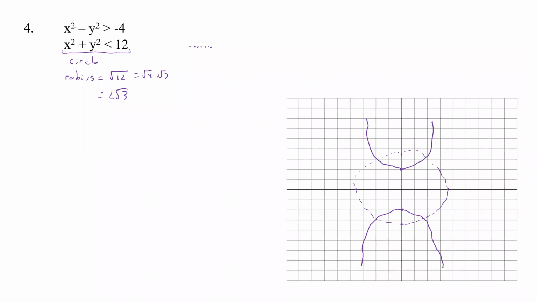And with this one, what do we see? It's got to be kind of in between and things like that. And so the circle has to be less than 12. And so in the circle less than 12, it has to be something in this region, something in this region, or something in this region.